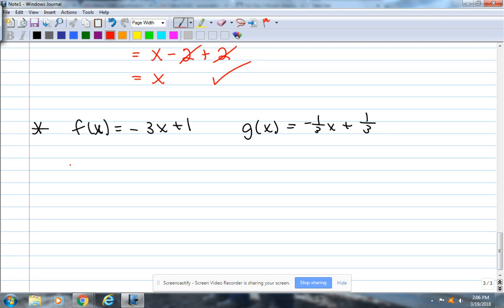I would do f of g of x. How do y'all set this up?